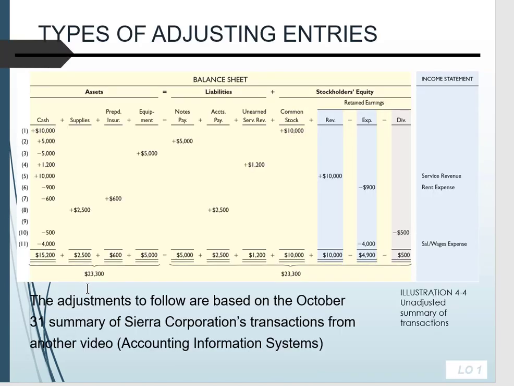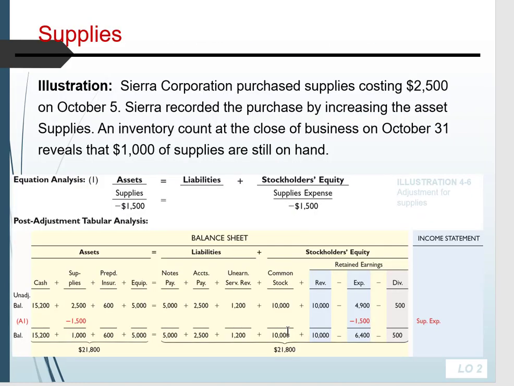So here's our statements that we had started before, right? We've used these statements before. So we want to see how the adjustments might get done. So let's think about it. So we had bought some supplies for $2,500. At the end of the month, we do inventory. There's only $1,000 of inventory still on hand.